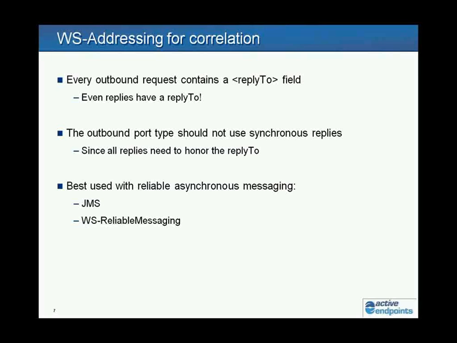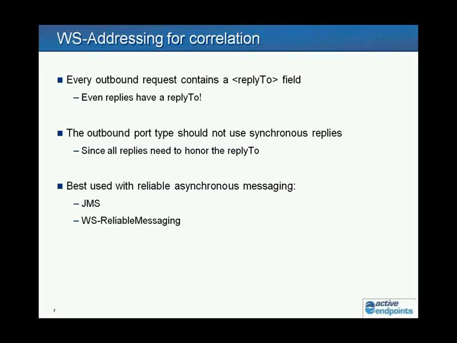Let's say the process is something like a purchasing process where you're passing in a purchase order. You might get back, as part of your reply that says, yes, I got it, another ReplyTo in that reply that says, any future communication should be sent to this address with this correlation, so that if you want to update the purchase order or cancel the purchase order, it'd be using this ABX conversation ID in the header.